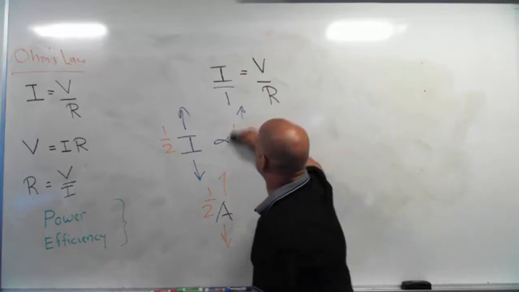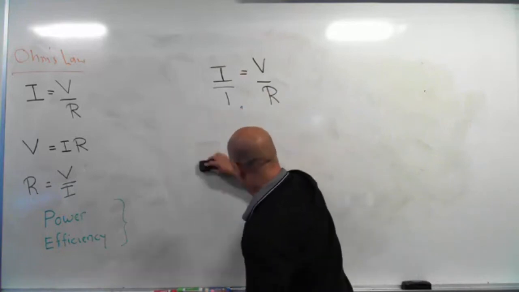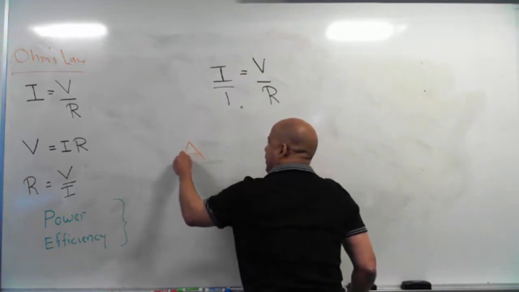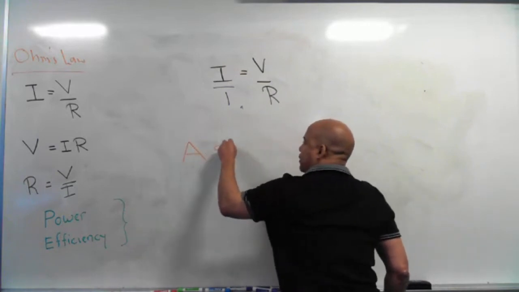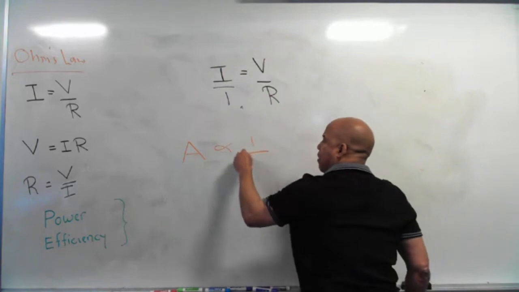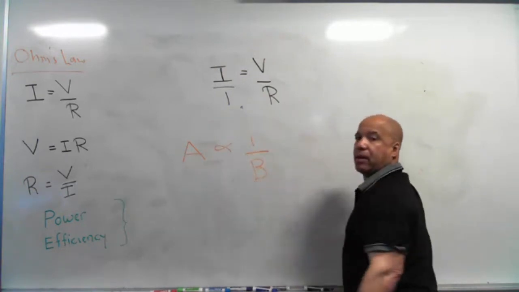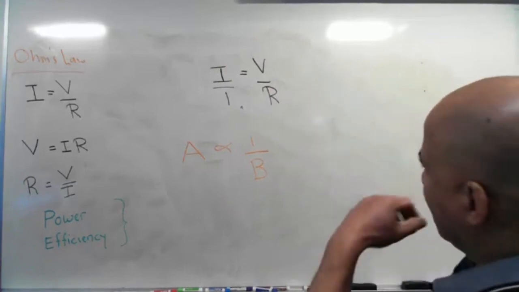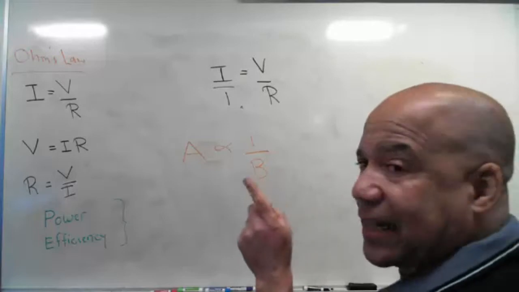Instead of writing A is directly proportional to B, what if I say that A is directly proportional, not to B, but to 1 over B? And what does that mean? If you raise B, A lowers. Exactly.